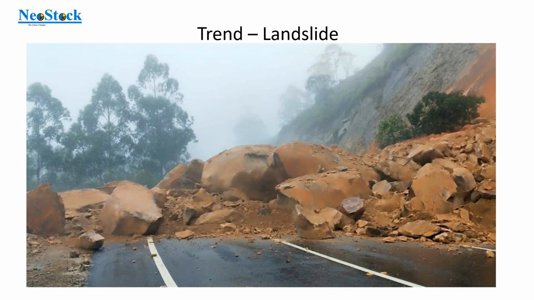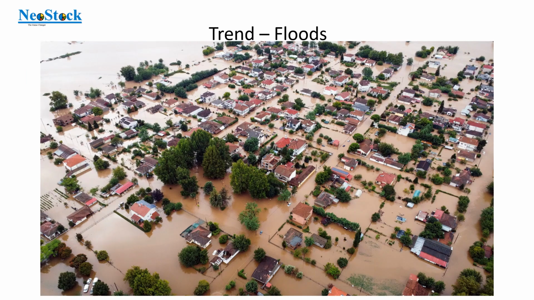The location where you want to visit, there are landslides. Do you prefer it? Assume a landslide occurred recently. Then do you prefer it? So your way is blocked. So how do you reach your location? It is not possible. Or maybe the location you want to visit, there are floods.